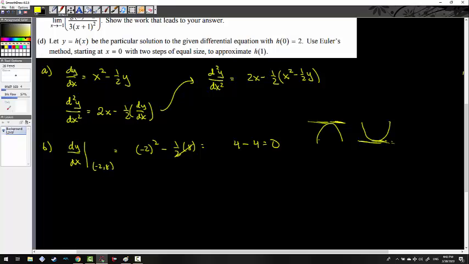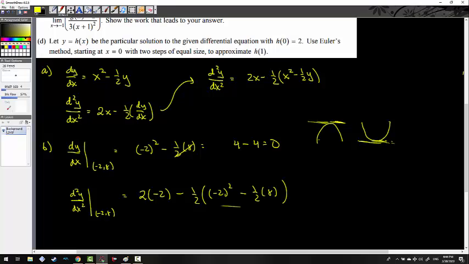So what do I got to do? I'm going to look at the second derivative at that exact same moment in time. So d squared y over dx squared at (-2, 8): 2 times -2 minus 1/2, and then (-2) squared minus 1/2 times 8.